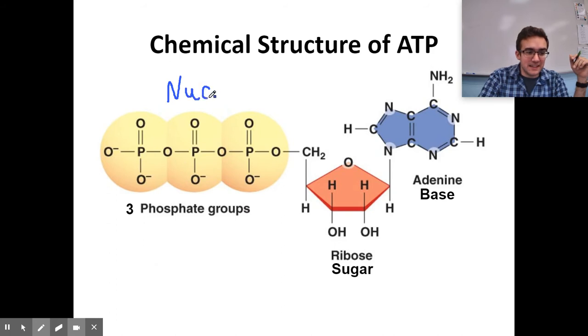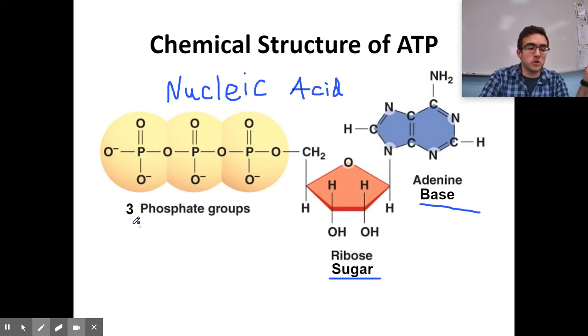ATP is a nucleic acid because it has the 3 parts of a nucleic acid. We have our base here, we have our sugar, and then instead of having just 1 phosphate group, we have 3 phosphate groups.